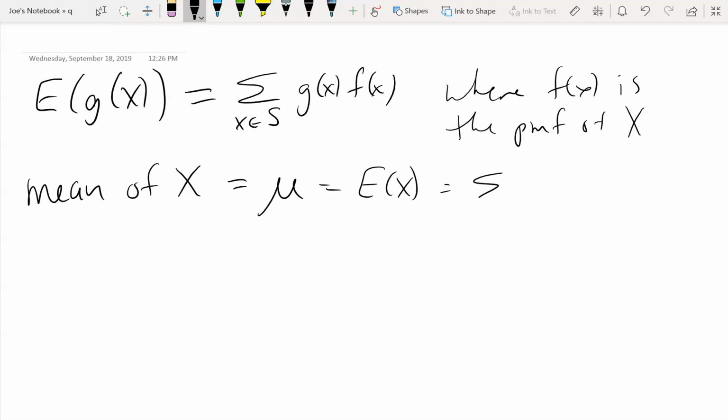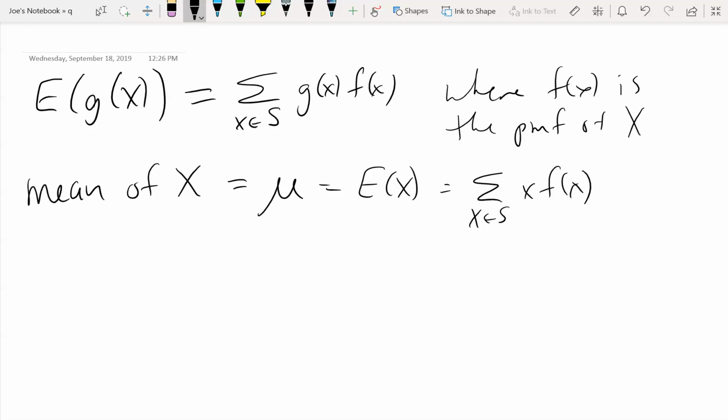So that would be your sum over all your points in your sample space of x f of x. We talked about that last time, right? So again, your f of x is giving a percentage of the time that you would expect the x to happen. When you add that up over all your x's in your sample space, it gives you an average of the x's that occur.